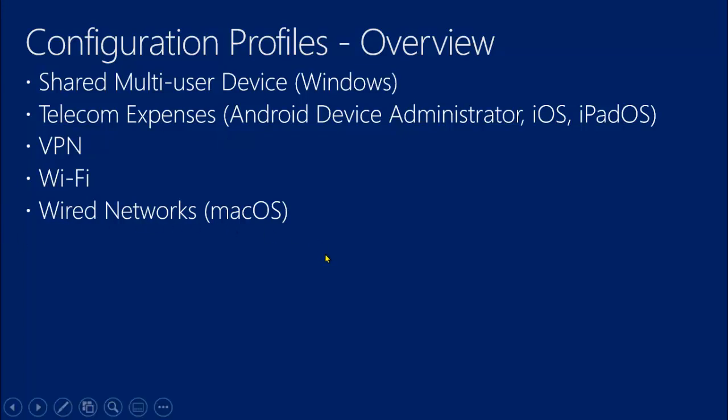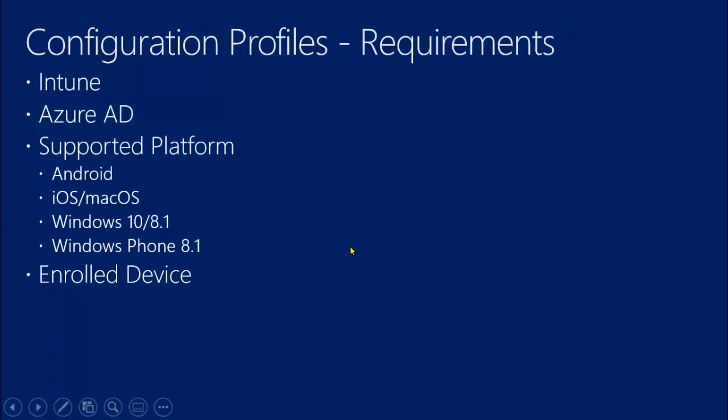Okay, so in terms of requirements, of course Intune is a requirement, Azure AD is a requirement for your devices, and you do need to have a supported platform, and the device that you're working with needs to be enrolled, right? Now let me pull back on that one for a minute.